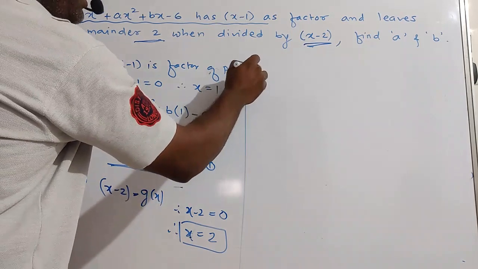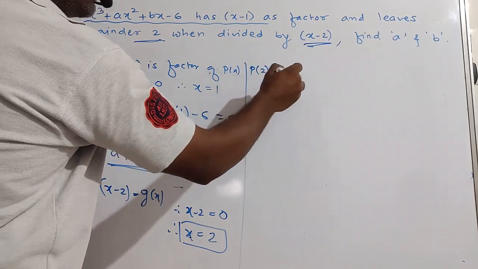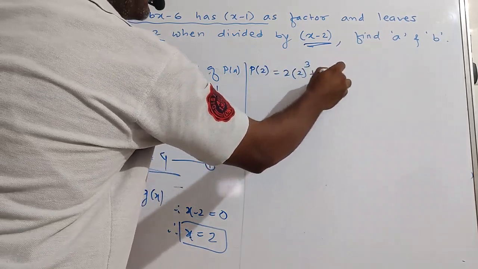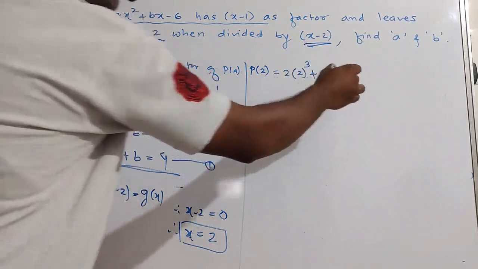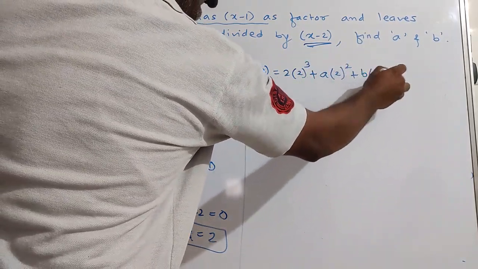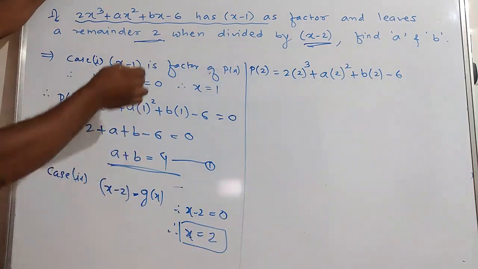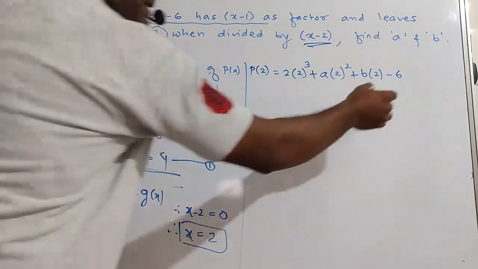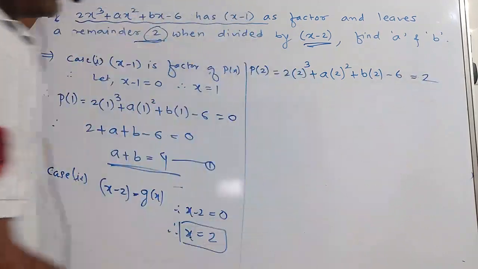So we will get p(2) is equal to 2 into 2³ plus a into 2² plus b into 2 minus 6. It is told here that the remainder will be 2. So this is equal to 2. Remainder is 2.